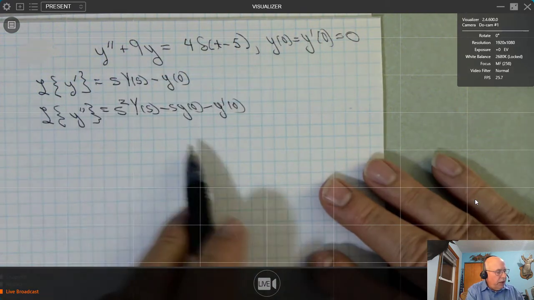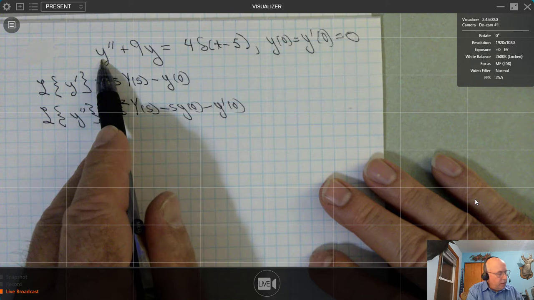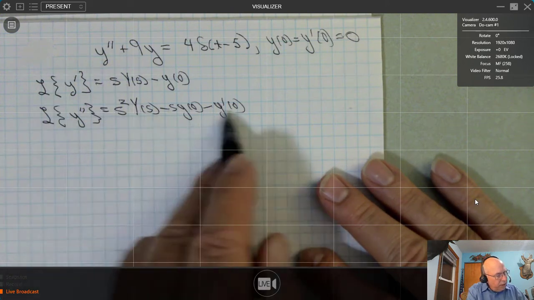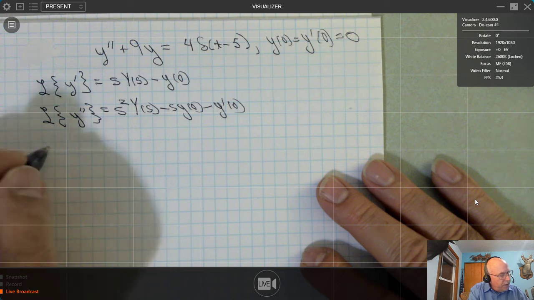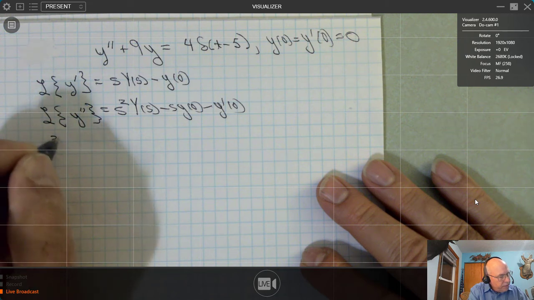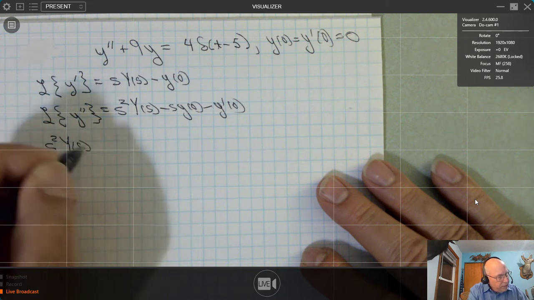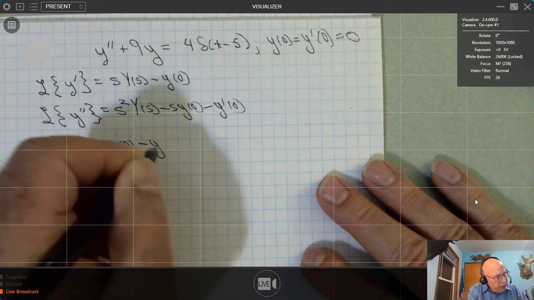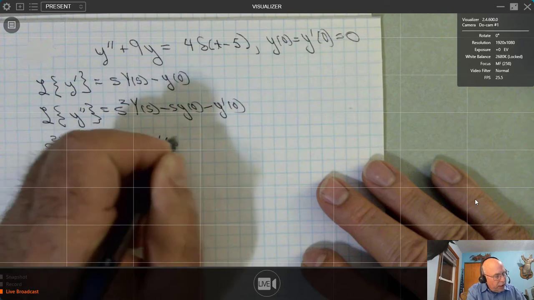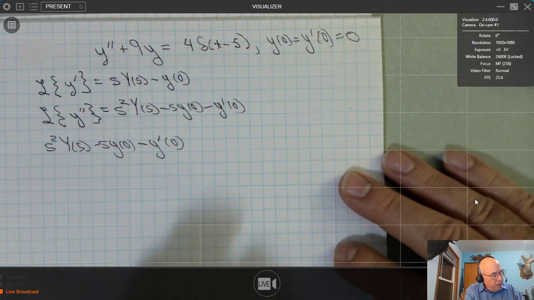So we're going to use those to transform this right here. All of this gets copied down as the transformation of that first term of the equation. And of course, if you look at the initial conditions, a lot of that's going to just drop out in a moment.